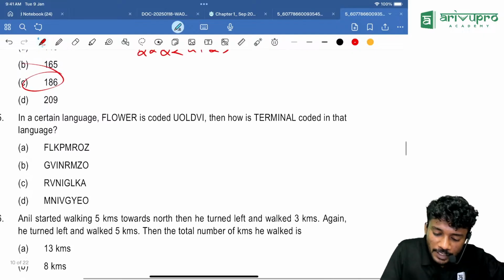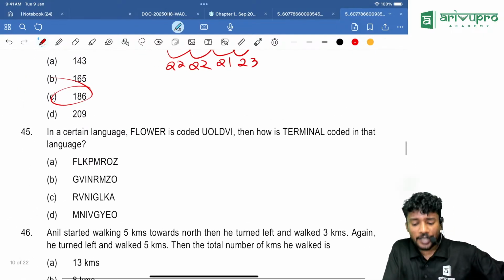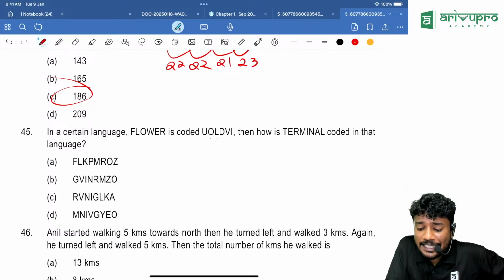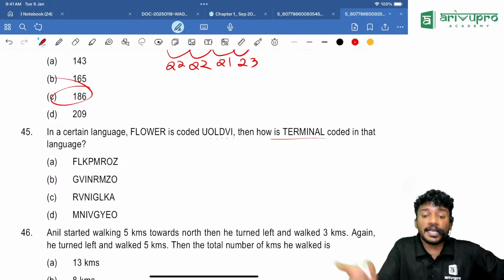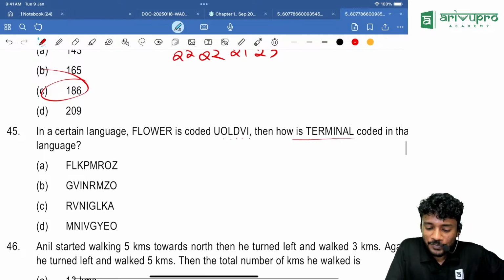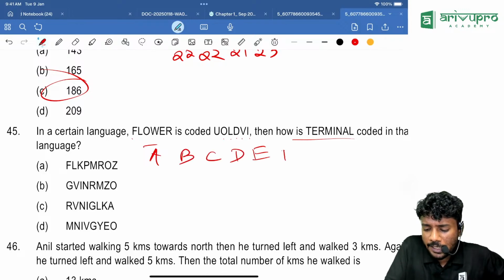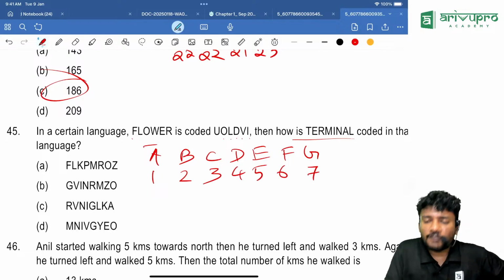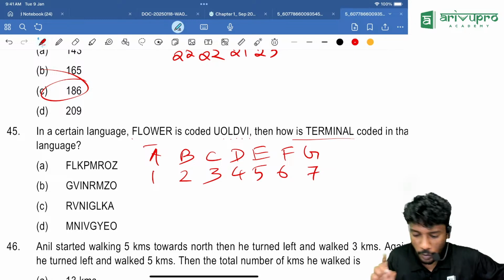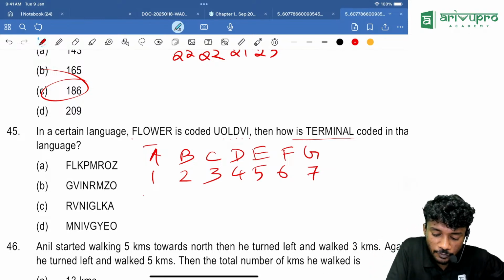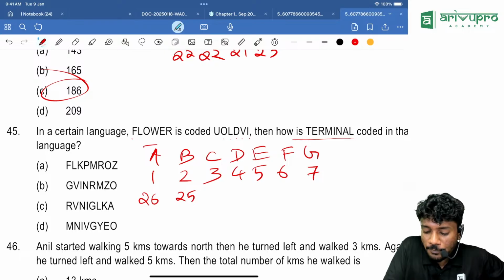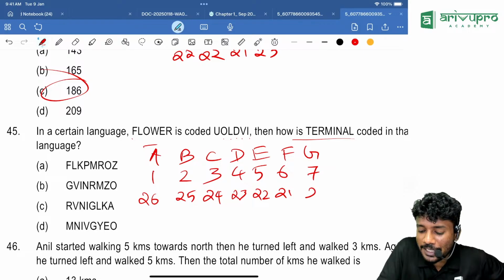Next one. Flower is coded as UOLDVI. Then terminal is coded as what is the question? Now, F. So if you look into it, F, A, B, C, D, E, F, G. That means 1, 2, 3, 4, 5, 6, 7 in the forward direction, that is the code. Now, if you look from the backward direction, it will be 26, 25, 24, 23, 22, 21, then 20.